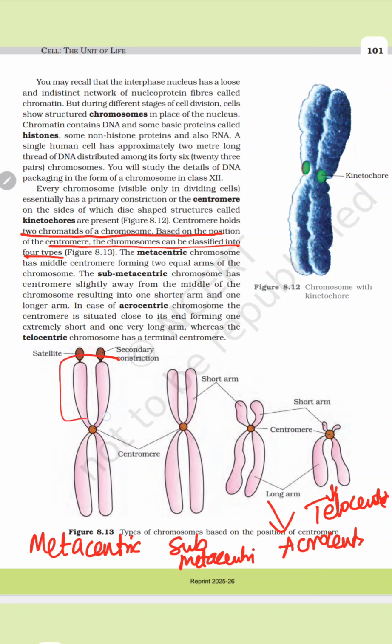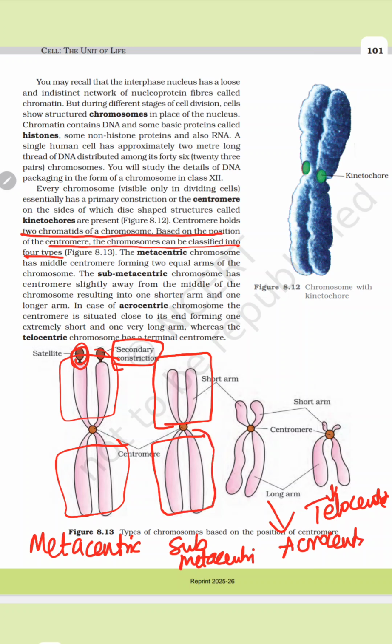In metacentric, the two chromatids have equal parts on both sides. This is known as the satellite, where a secondary constriction is present. In submetacentric, one pair of arms is shorter than the other pair. The centromere is slightly away from the middle of the chromosome, resulting in one shorter arm and one longer arm.